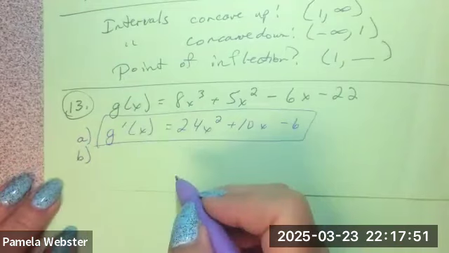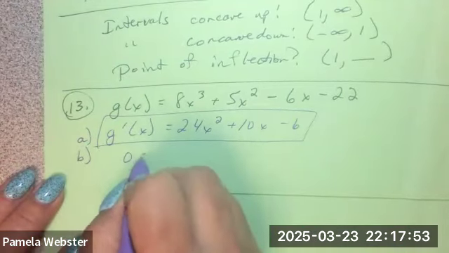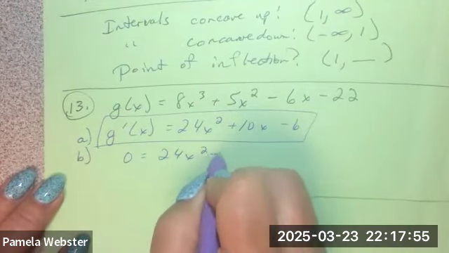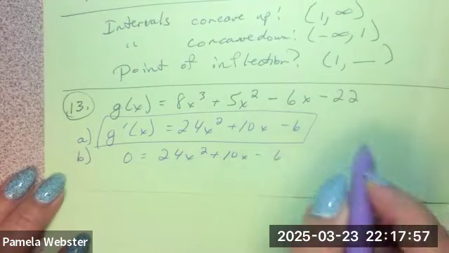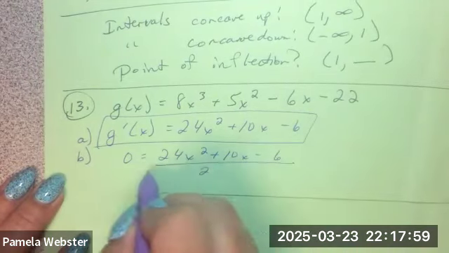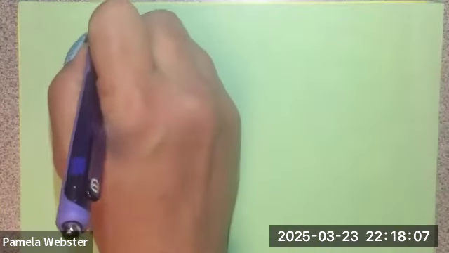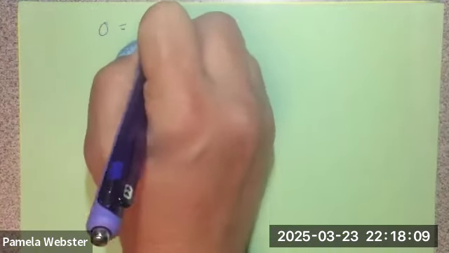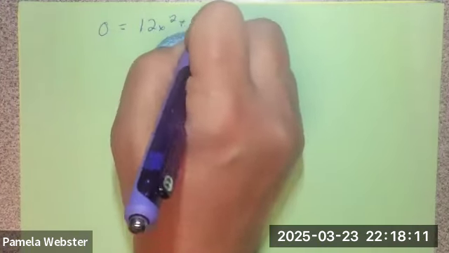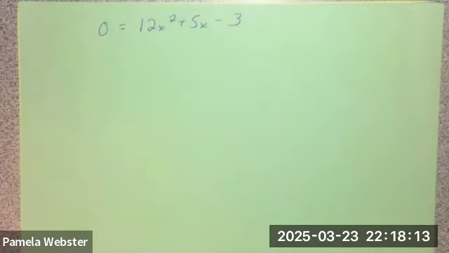B, I'm going to use the first derivative test, so I'm going to set it all equal to 0. I see that all of these are divisible by 2, so I'm going to divide that 2 out. 0 divided by 2 is just a 0. So I've got 0 equals 12x squared plus 5x minus 3.